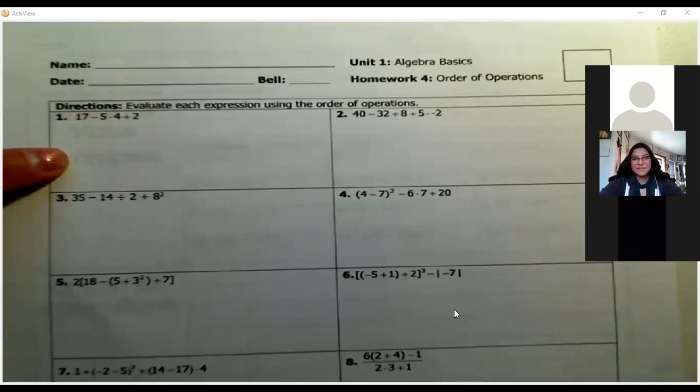So we're gonna do number 1. Evaluate each expression using the order of operations.